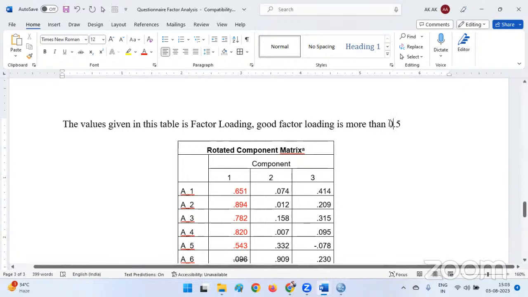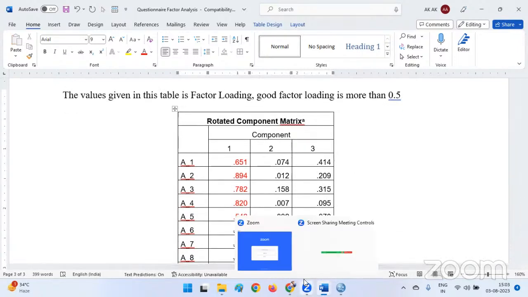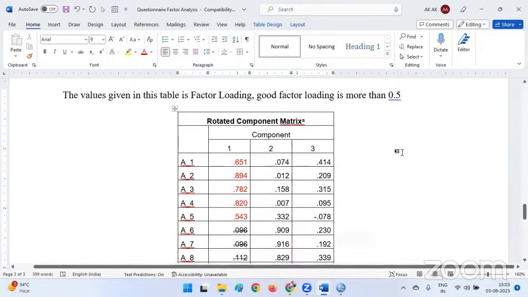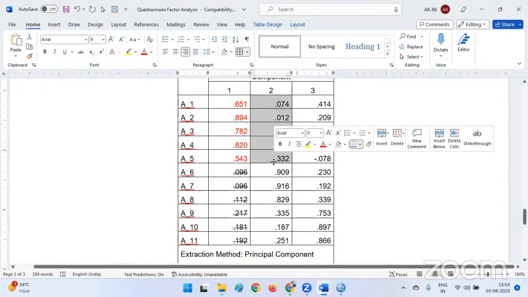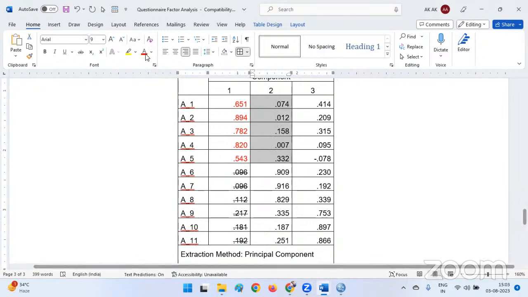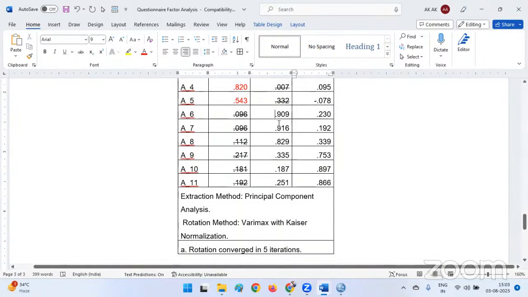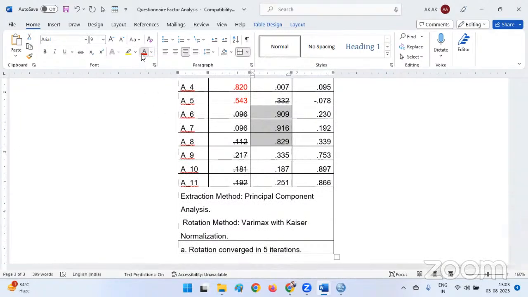Okay. So we'll take a test of it as well. Now, in the second factor, till this point the values are low, but this is 0.332, but otherwise the values are low. From 0.9, 0.9, 0.8, these three values are quite good.